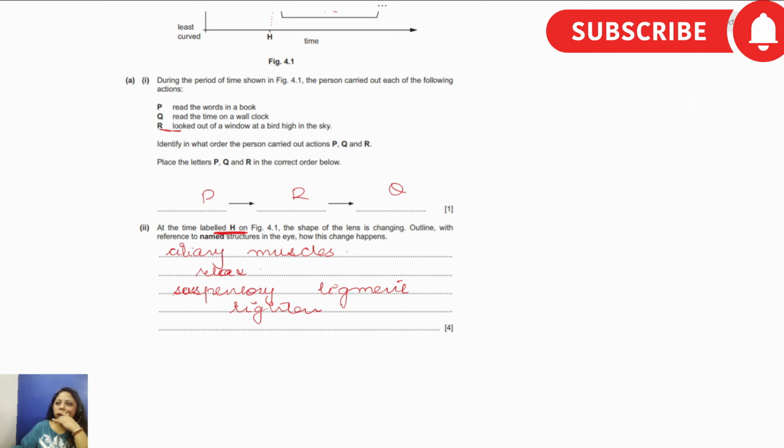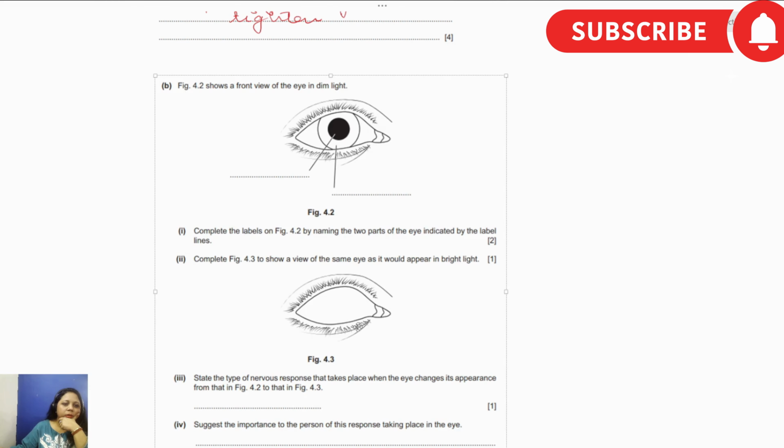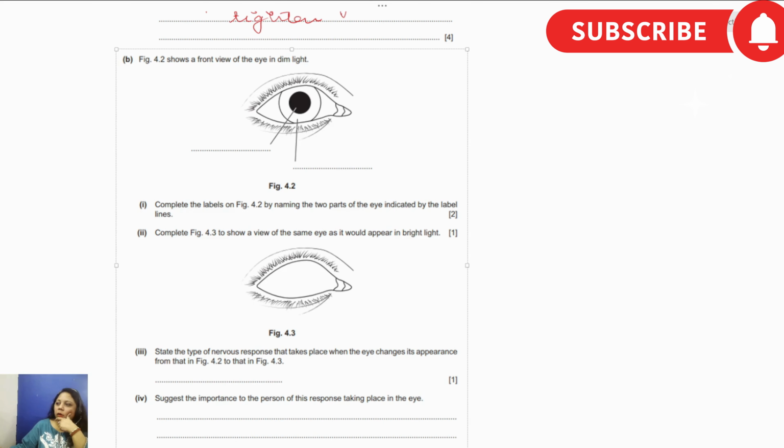Next question. The structure of the eye is given. B part. Figure 4.2 shows a front view of the eye in dim light. Now, what would happen to your pupil?